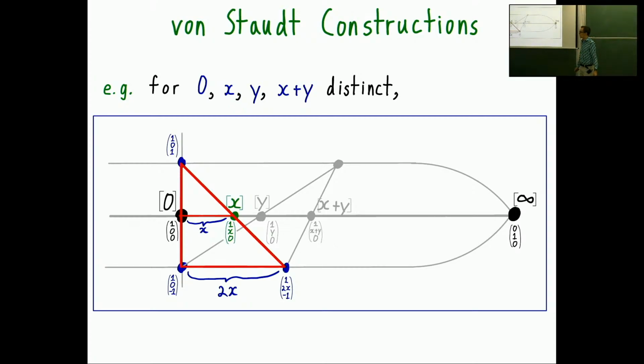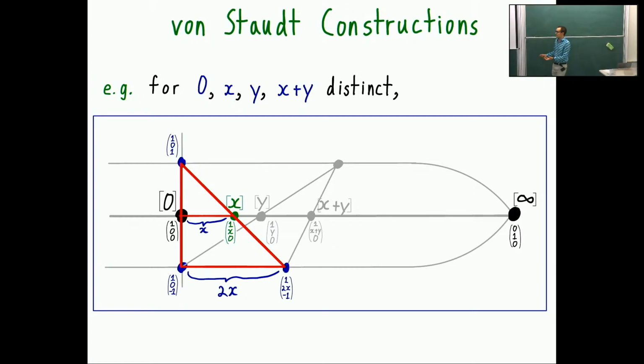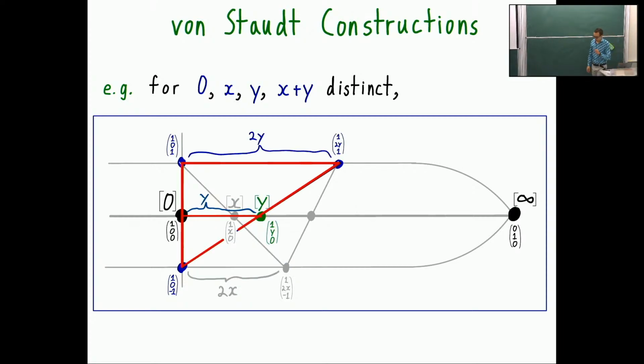Here the distance between 0 and x is x, and by a similar triangle argument, the distance on the bottom length should be 2x. Or you can find an appropriate vector, up to scaling, so the first coordinate is 1, as I've written. And you can do the same for y.